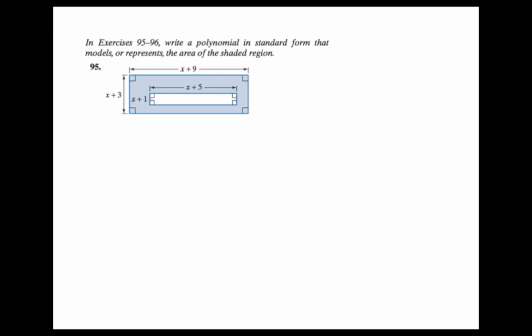Okay, in this problem in 95, they want you to write a polynomial in standard form that represents the area of the shaded region. Well, to get the shaded region, what we're really taking is the big rectangle, which is partly the outside one, and then we're subtracting what's not shaded, which is the little rectangle.